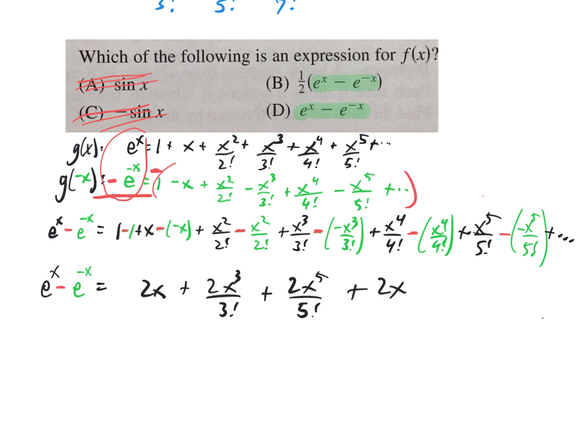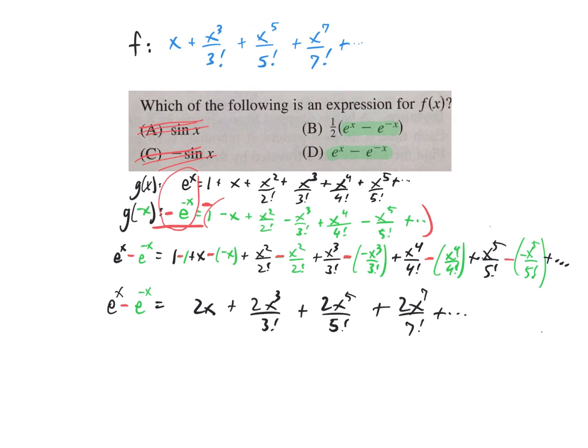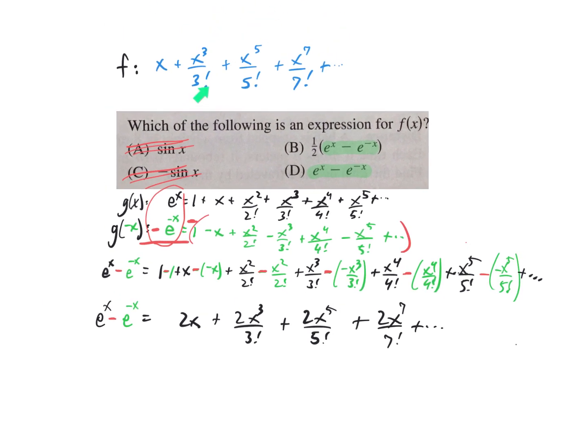So we're pretty much done with this problem. Because this is equal to e to the x minus e to the negative x, but we're trying to find the series for f.